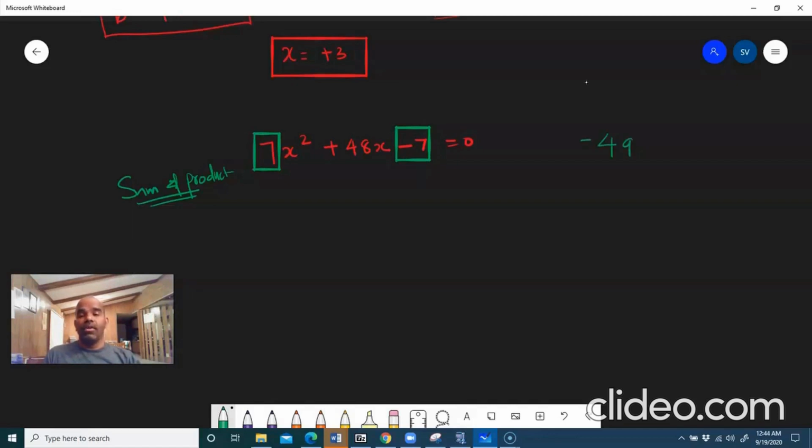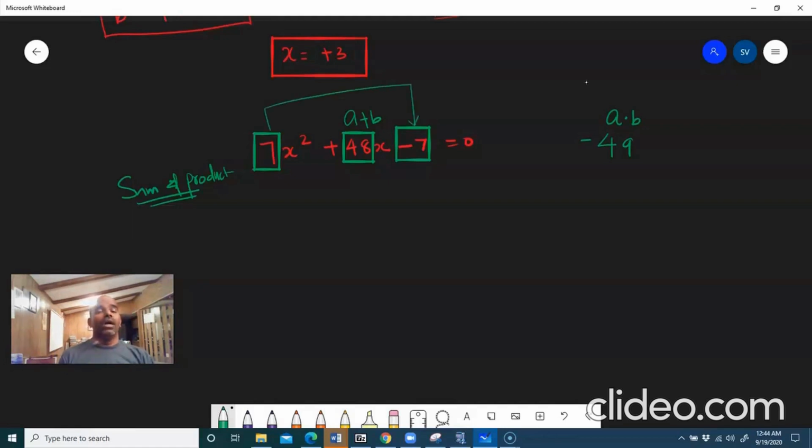Keep that number there. And what is the middle number? Middle number is 48. So find two numbers which will give the sum plus 48 and the product negative 49. Interesting. How can we find it? Okay, what we did in the previous problem is we factorized the constant term. So consider this product as the constant.